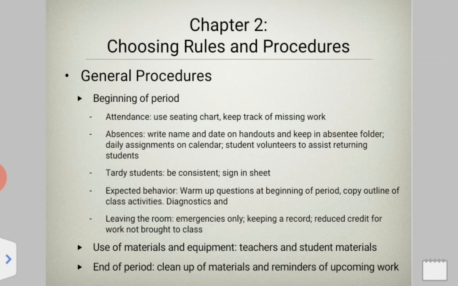Then we have general procedures. For example, in the beginning of period, in the beginning of your class, attendance. These two authors consider the attendance is really important, and it's a good idea because in the beginning of the class you make sure who's in the class and who's not, and the reasons they are not in your class, probably because they are sick, because they didn't come to school, or because they are simply not in the class.